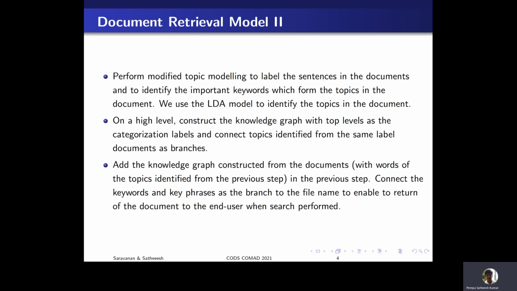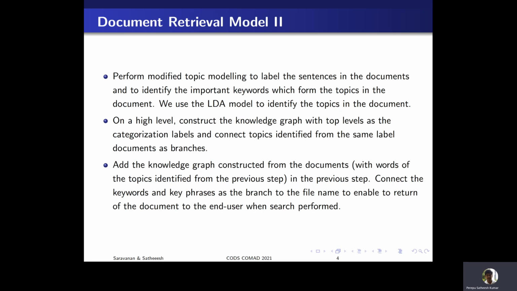Whenever a query comes, we use this combined document model to extract the necessary keywords, as well as to determine which category the query will fall into. In this way, we search only a subset of the model instead of searching all of it. So we can obtain efficient results by using this document retrieval model.